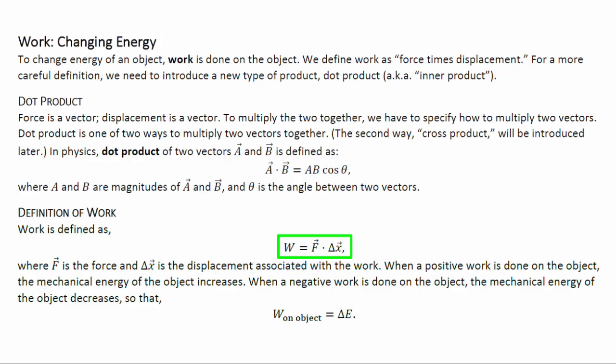The new mathematical operation takes some getting used to, but once you are used to it, this is a fairly simple product. So, why do I say we need to introduce work in order to use energy in problem solving? It's because of the physical significance of work. Work gives you the change of energy.